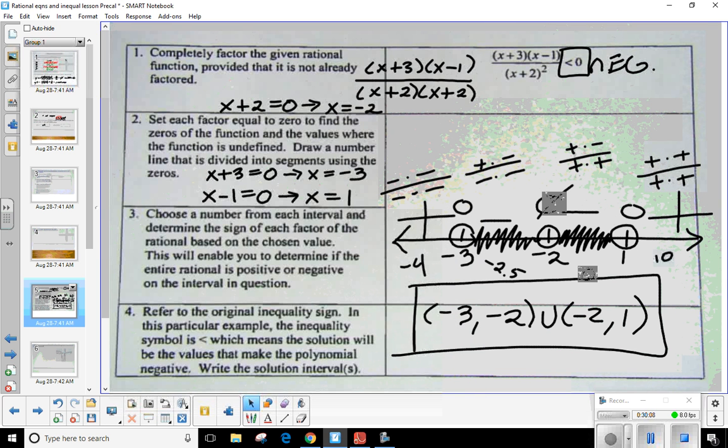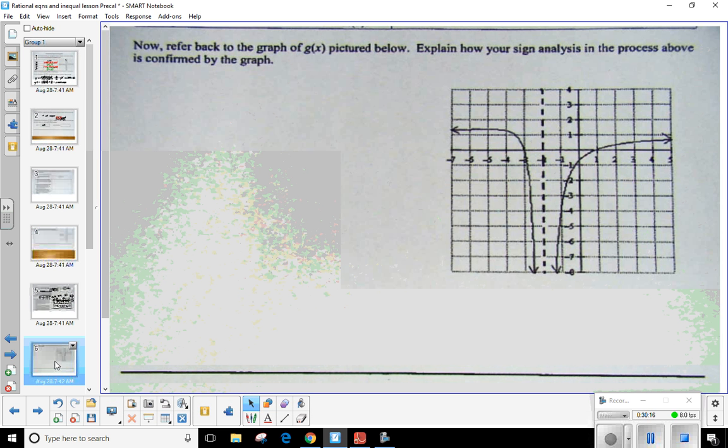Now again, you've got a graph of this one. Compare what we just found. We have the values of -3, -2, and 1. So I'm looking at this graph, and let me do this in red. It'd probably be a little easier to distinguish. So here's the -3. Here's the -2, which was a vertical asymptote. And here's the 1 that did turn out to be my root. It's crossing right there.